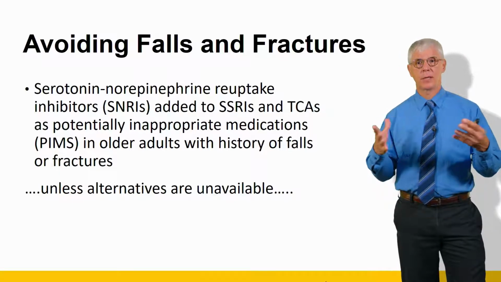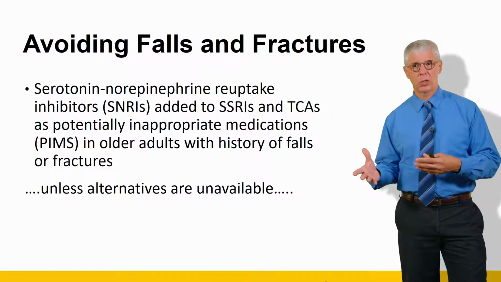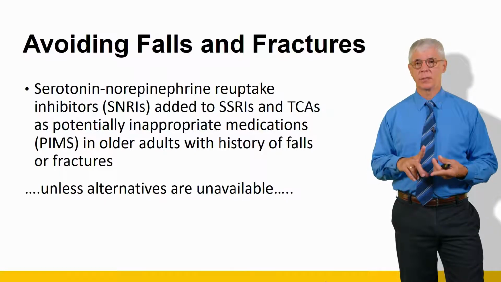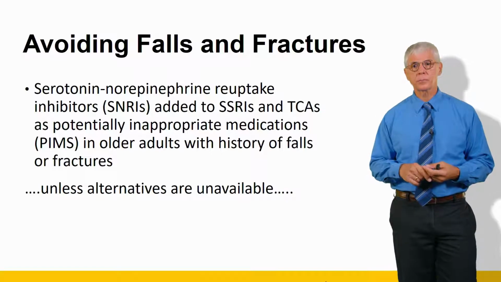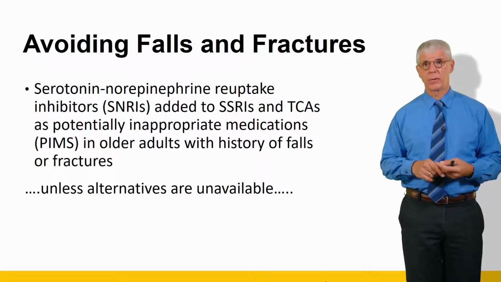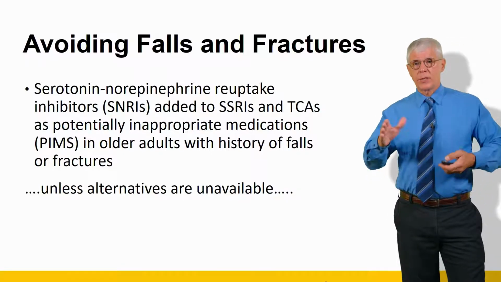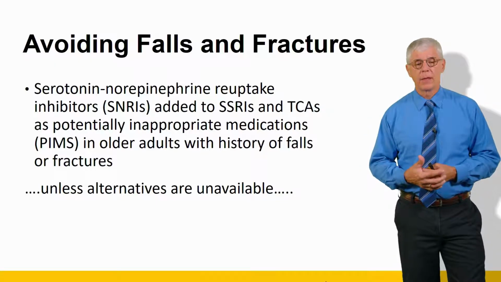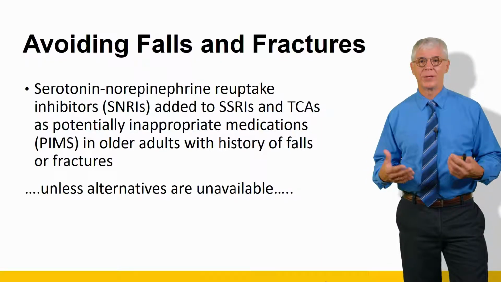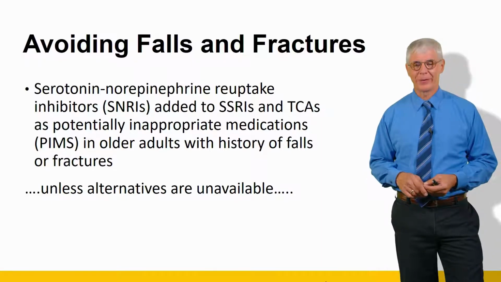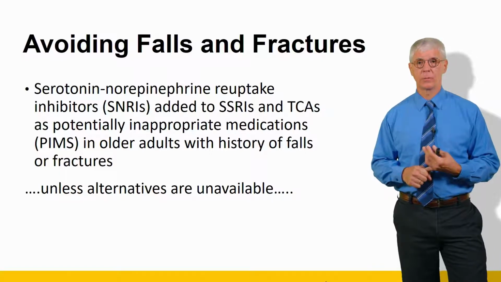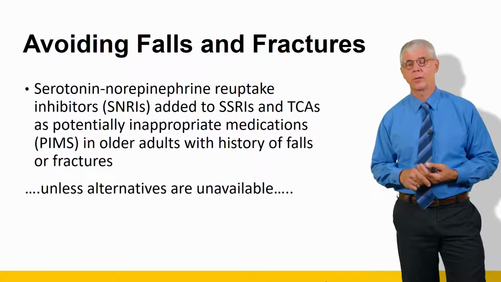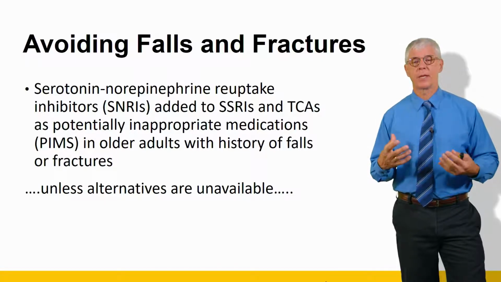Well, now they've added that other group of antidepressants, the SNRIs, things like venlafaxine or Effexor, duloxetine, Cymbalta, those kinds of agents are actually on the list now as well. Now, they do add a caveat on this: unless alternatives are unavailable. And quite frankly, we really don't have any other alternatives right now. We have bupropion, which is probably the only one that is not an SNRI or an SSRI or a tricyclic. But there's not a lot of alternatives.